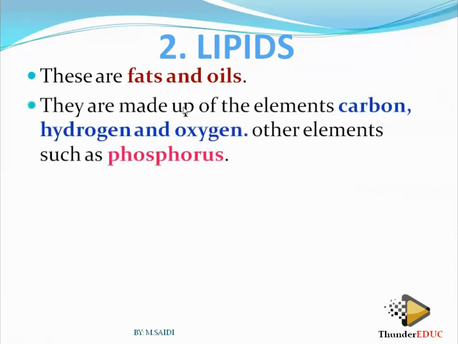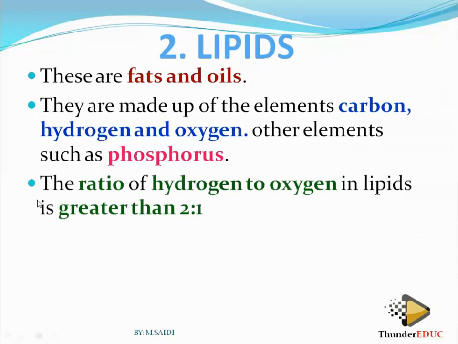And then they are made up of elements. These lipids are also made up of carbon, hydrogen, and oxygen, like carbohydrates. But why are they different? They're different because they can have some other elements, such as phosphorus. So they have extra elements, making them different, and the arrangement is also different.